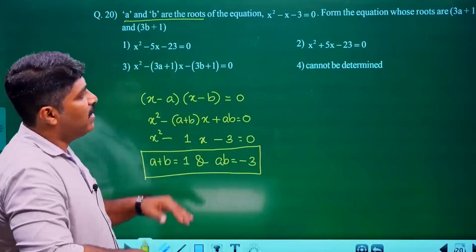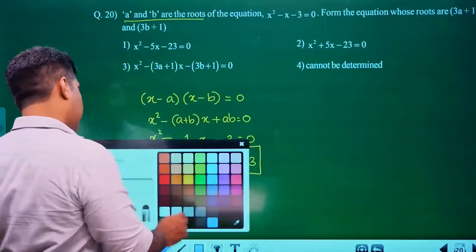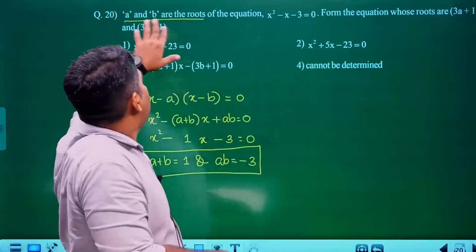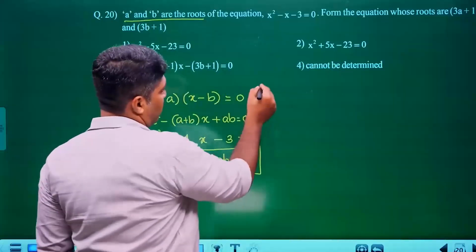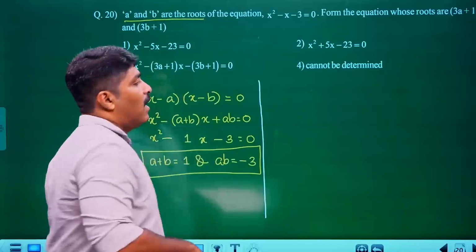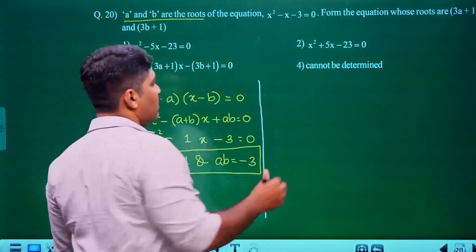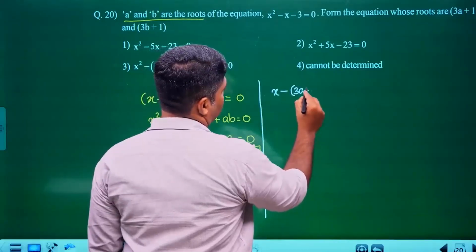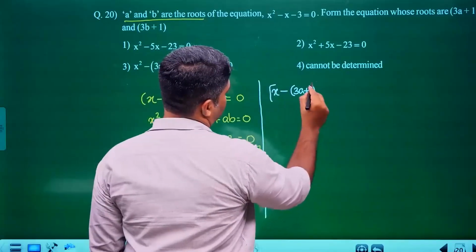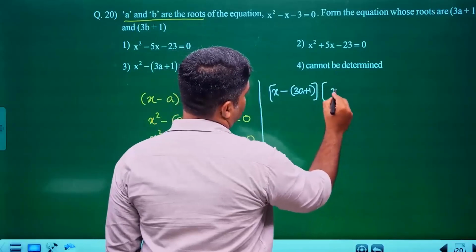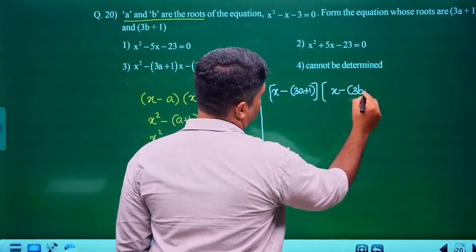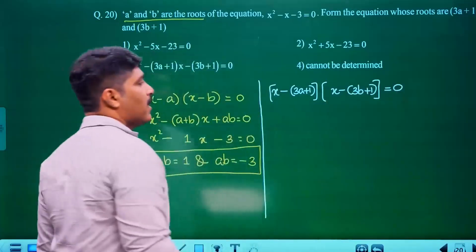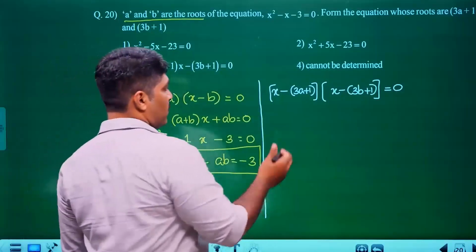Then, in a similar way, we expand the second part. If we have the equation with roots 3a plus 1 and 3b plus 1, what is the formation of such a quadratic equation? We can consider x minus (3a plus 1) into x minus (3b plus 1) equal to 0. Then expand this. What will you get?